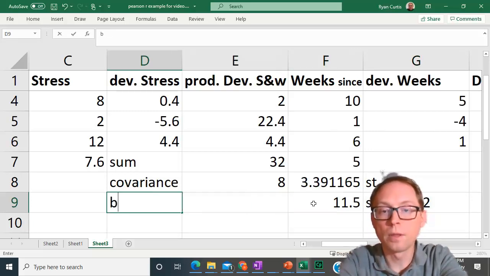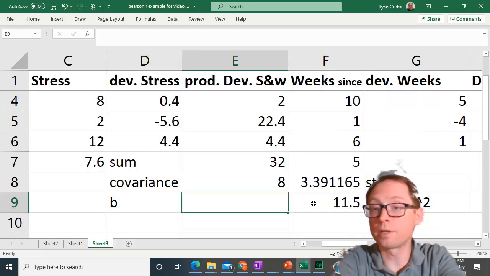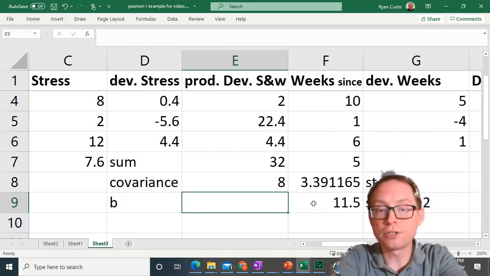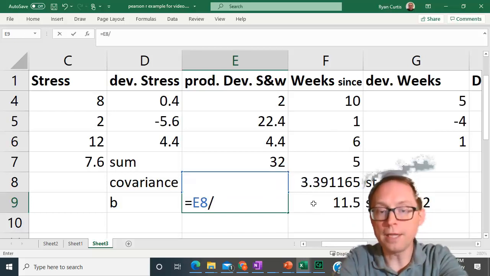So when we're looking for the slope, right, the estimated slope, because it's not a perfect slope, we're taking the covariance divided by the standard deviation squared. So that is going to be the covariance, 8, divided by 11.5, because that's the standard deviation squared.